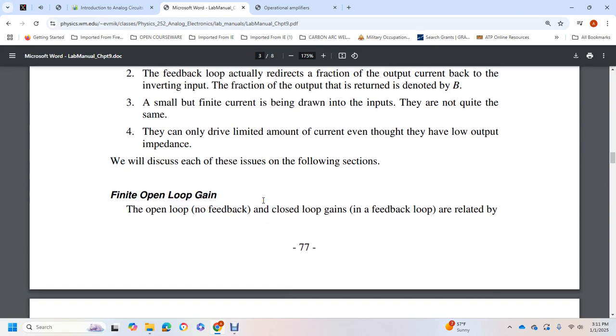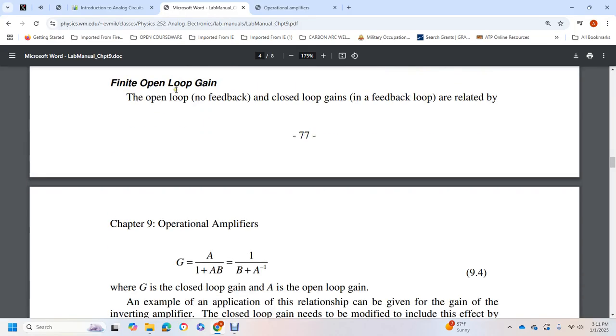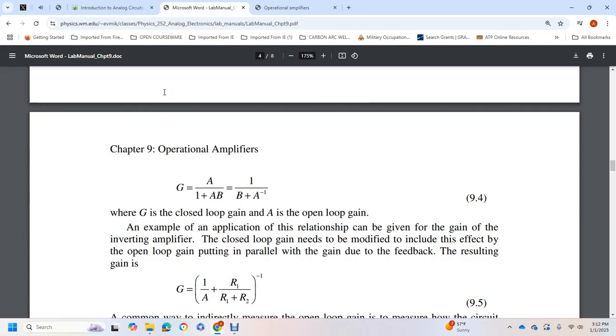Finite open loop gain. The open loop gain A and the closed loop gain in a feedback loop are related by gain equals A over 1 plus A times B, which is approximately 1 over B, where gain is the closed loop gain and A is the open loop gain.